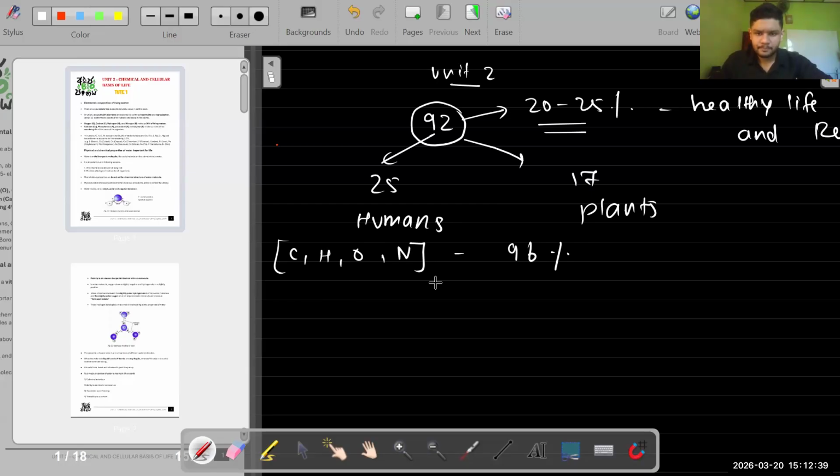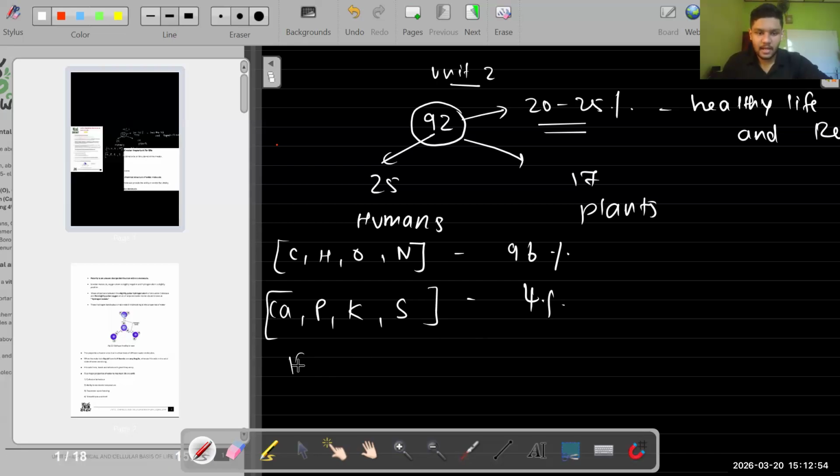The remaining 4% is covered by calcium, phosphorus, potassium, and sulfur. And they say there are other elements like iron, cobalt, molybdenum, copper, sodium, magnesium.